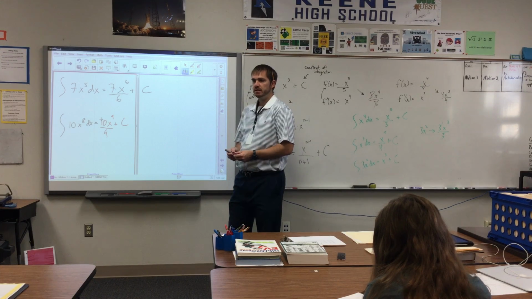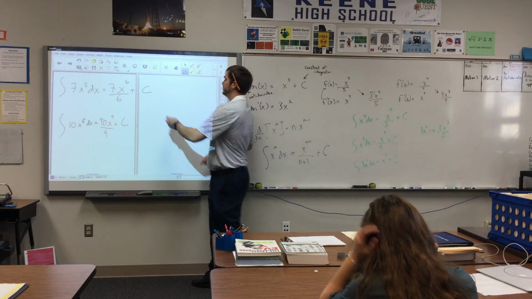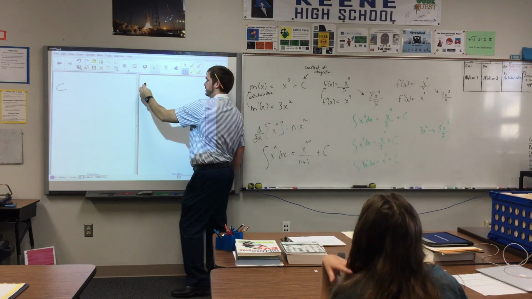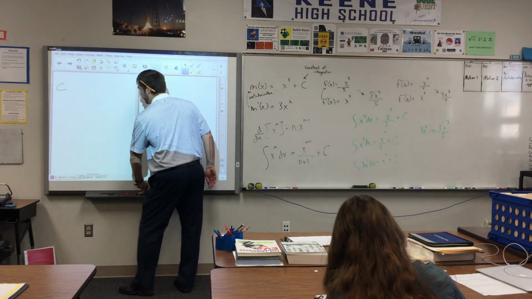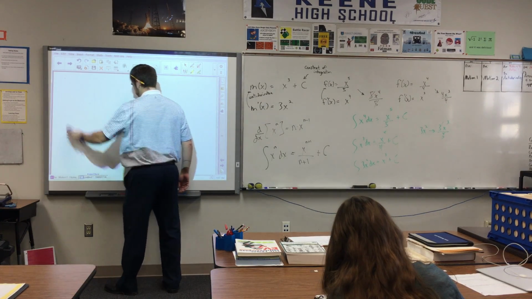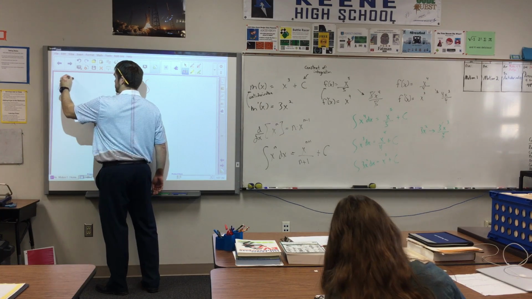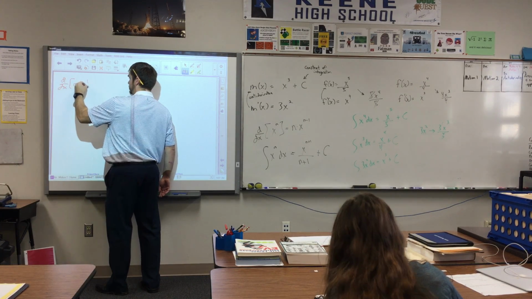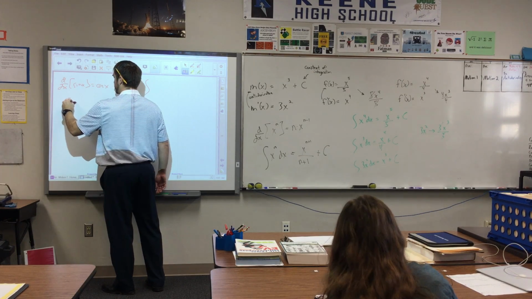So let's think about our trig rules. Maybe we should just refresh ourselves and make sure we know all our trig derivatives. What's the derivative of sine? The derivative of cosine?